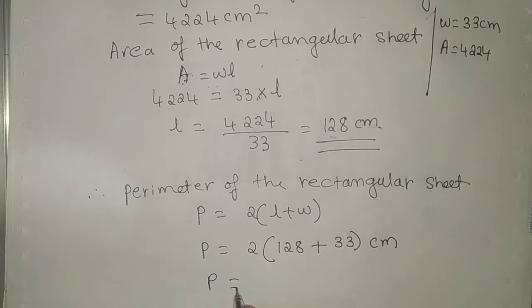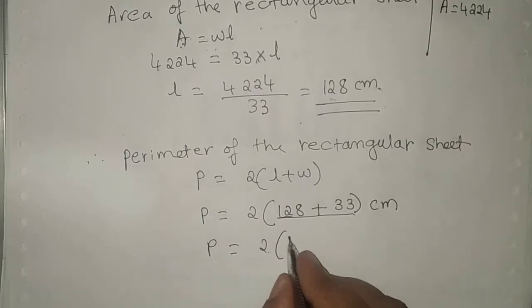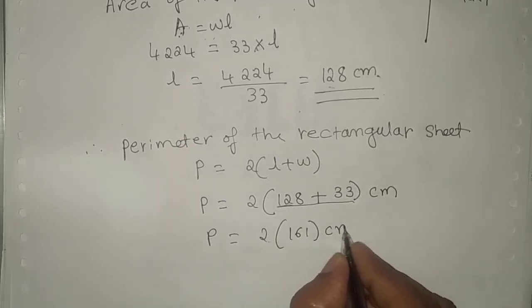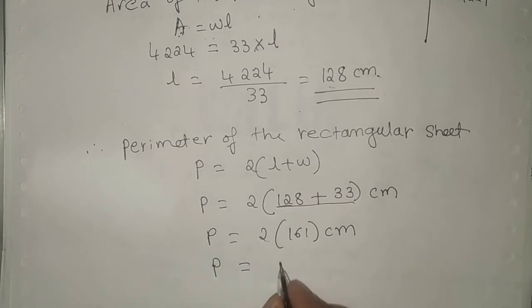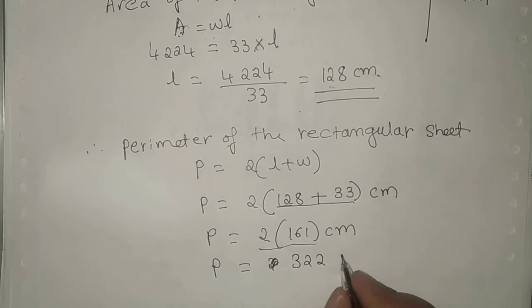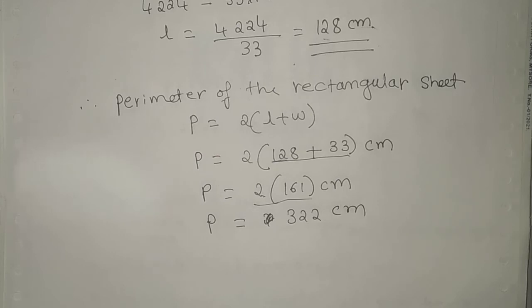So P is equal to 2 into, add these two, 161 centimeters. So P is equal to 322. Multiply these two, we'll get perimeter as 322 centimeters.